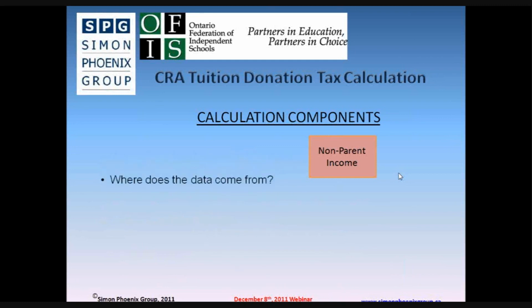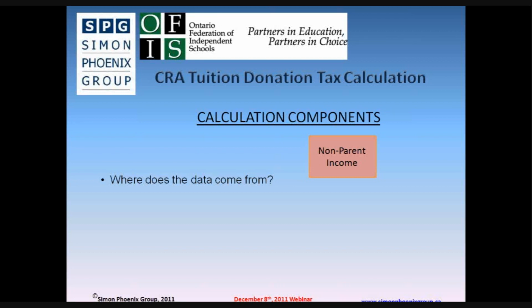Non-parent income. Again, where does the data come from? You need to be able to know in a given calendar year who has made donations, who has provided you with non-tuition income, and that could be from non-parent sources, extended family, grants from other nonprofits or private foundations, what have you. There are multiple sources.